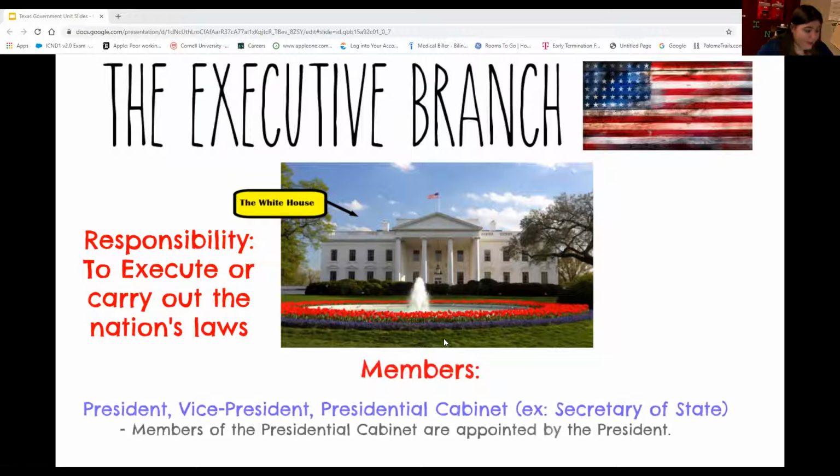So who are the members in there? The members are going to be the president, the vice president, and the president's cabinet. Example, the Secretary of State. So the executive branch is going to be our president and his cabinet, vice president, and the presidential cabinet.